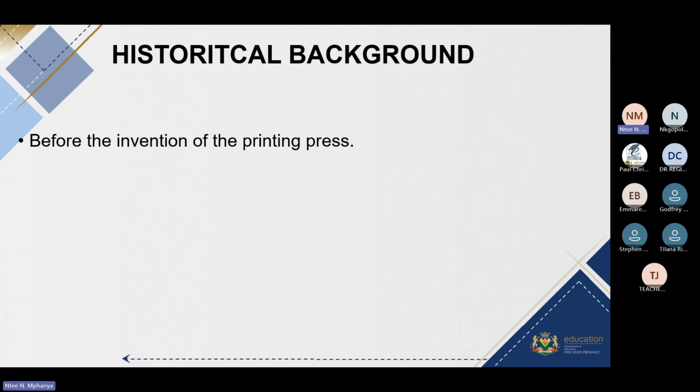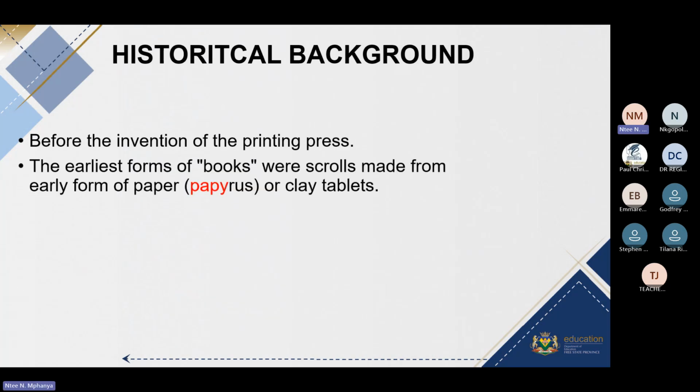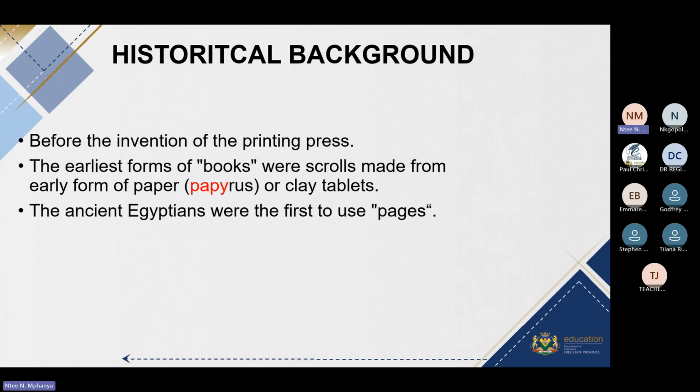Before the invention of the printing press, the earliest form of books were scrolls made from an early form of paper, from papyrus, or clay tablets. The ancient Egyptians were the first to use pages, meaning before that, there were no pages.